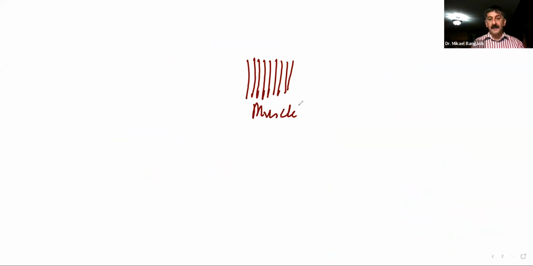Now we may scan this muscle using two different transducers. We may have a high frequency transducer, let's say 10 megahertz, and a relatively low frequency transducer, let's say a 2 megahertz transducer.